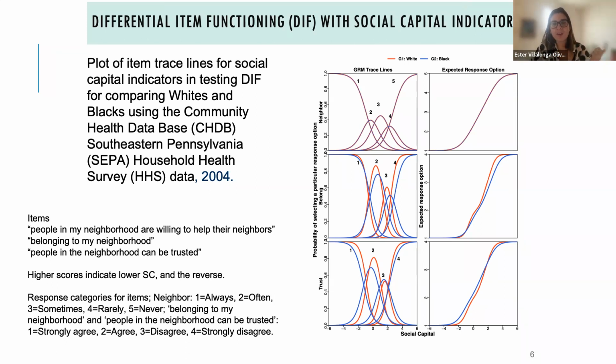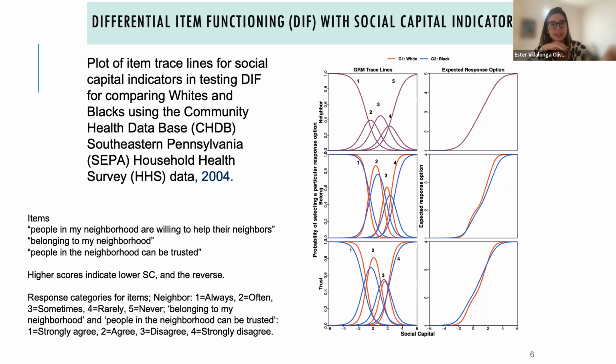With my co-authors, we investigated DIF for three social capital indicators collected in 2004 in Blacks and whites, independently of their educational attainment. This was the first model. After that, we did the same but considering education, because education and racial differences are very correlated here. So I wanted to have these different groups.